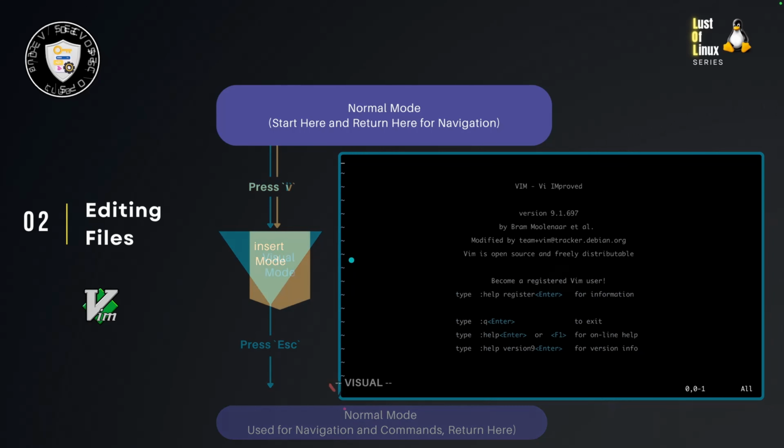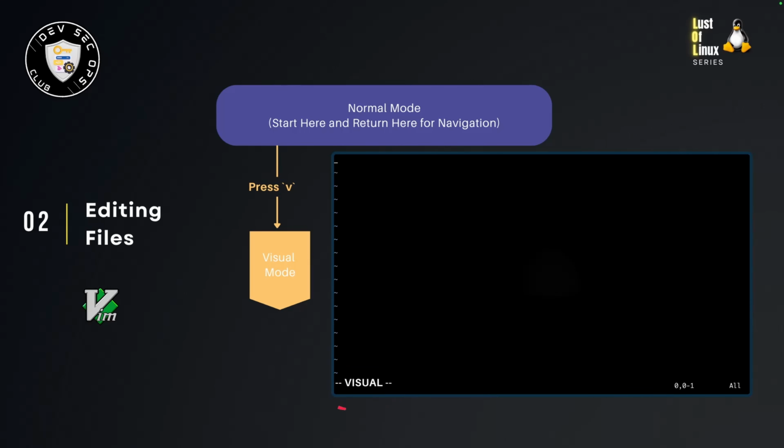This is the first thing. There is another way. One more mode is there. Initially you always start, like I mentioned over here as well, start here and return here for navigation. There is the option v. v is visual mode. It's like when you press shift and scroll multiple lines in a file, so you are selecting multiple lines. If you want to select all, you have the option Control A and you can copy and paste somewhere else. But in a text editor, you don't have that facility.